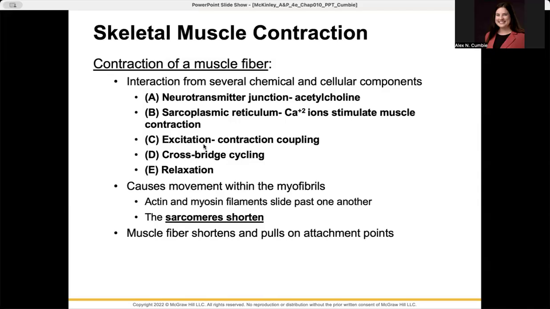Next, we go to an excitation phase where we have contraction coupling, meaning those fibers are going to come together. We have something called cross-bridge cycling, which we'll go into more, where they go across each other and do an action. And then when that whole muscle contraction is finished, we will go through some of the process for relaxation of that fiber again.